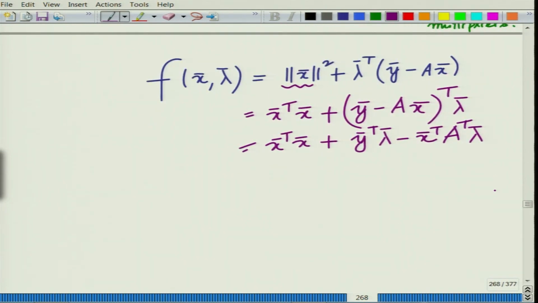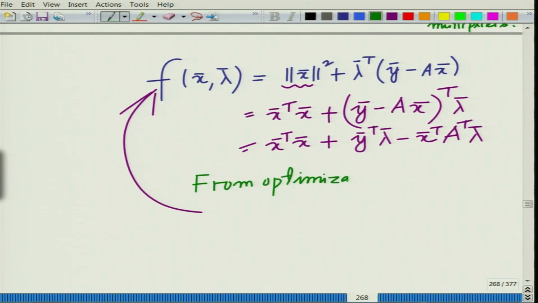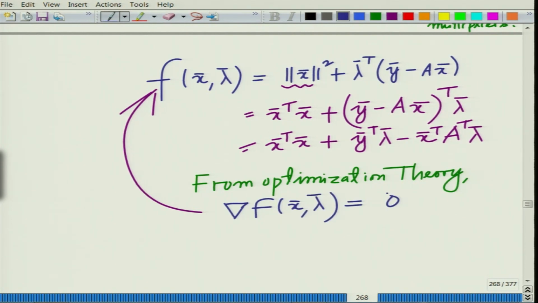Now, again from the optimization theory, at optimum we must have the gradient with respect to x bar vanish. Now, taking the gradient, what is the gradient again?